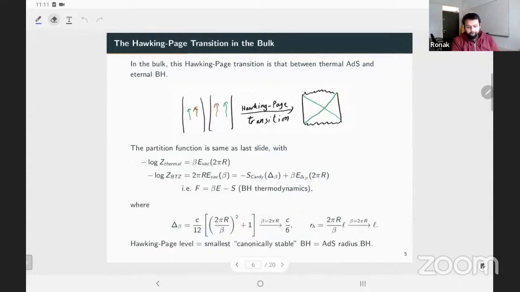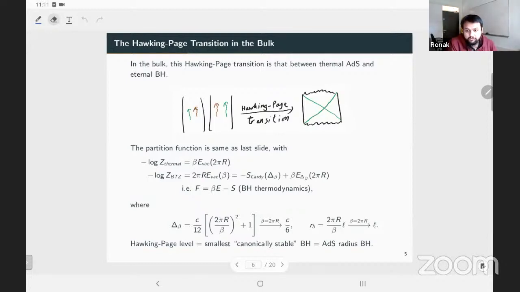And this conformal dimension is related to beta and 2 pi r by this equation. The details are not so important, but notice that at the symmetric point, this becomes c over 6, which is the level we saw earlier.